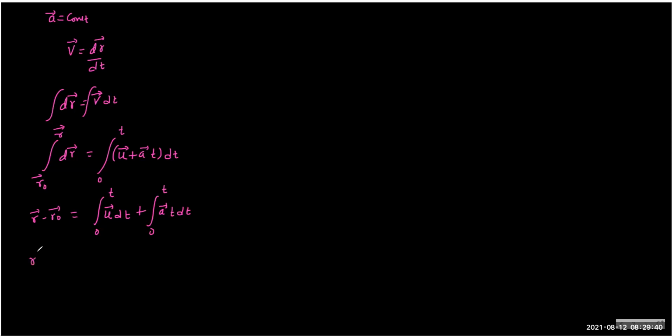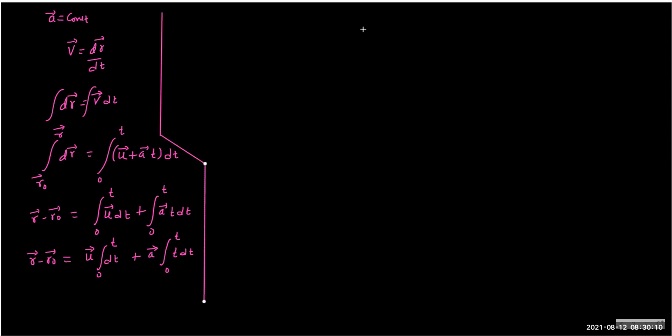Again, we know that u is the initial value, which is always constant. So we can take u outside, and then dt will give you just t, but anyway I'm writing it. And then we have the t dt expression. Actually, there is a branch of mathematics called vector calculus. Up to JEE level, things are very straightforward, so the way you understand variables replicates itself in vectors.